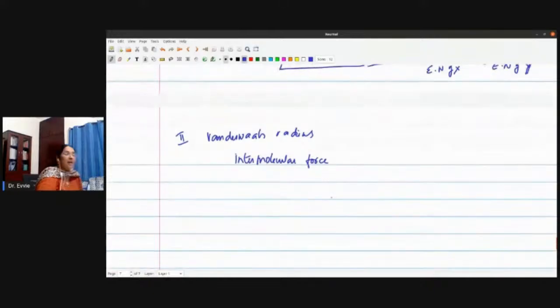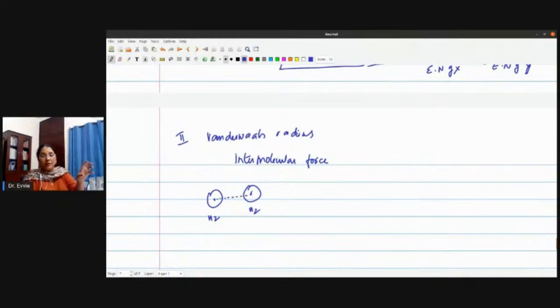Now, this is basically found in some gases, and between molecules. Imagine I'm going to take H2 gas and another H2 gas. These two are molecules. Now, between these two molecules, because both are non-polar, obviously the molecules will come closer together.